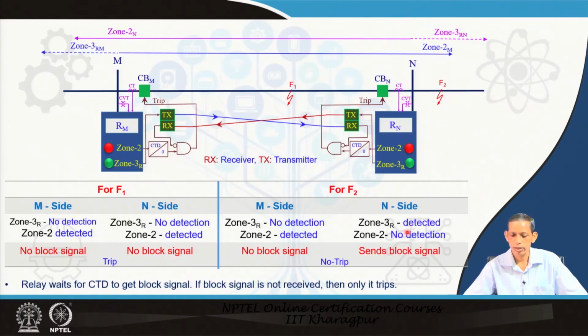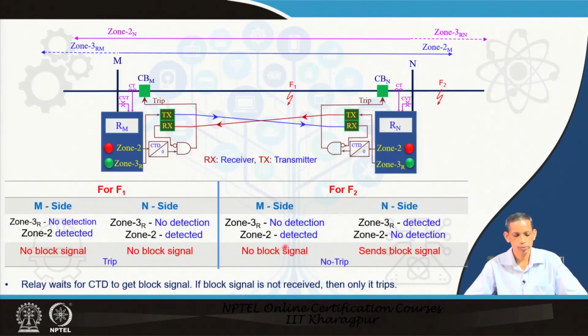Come to the N side: zone 3 R detects F2, and zone 2 at this end does not detect. Therefore this side will send a block signal to the other side. So for F2 it provides a block signal, which means the breaker will not be allowed to operate at that moment, and that is the correct decision for this arrangement, which we have already discussed in the earlier slide also.